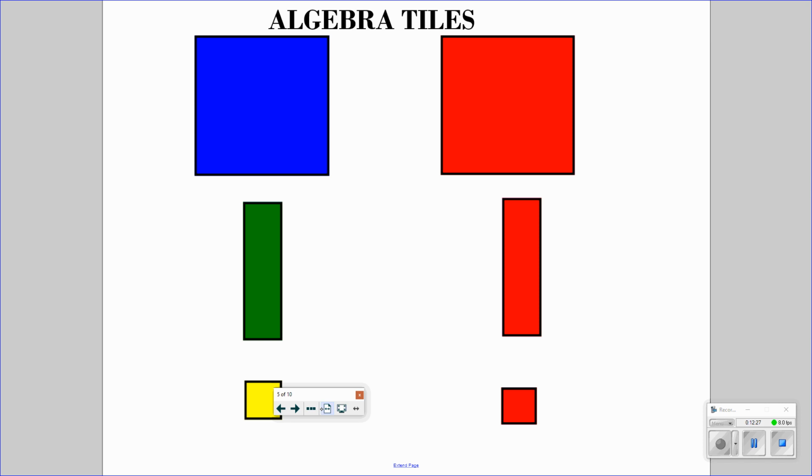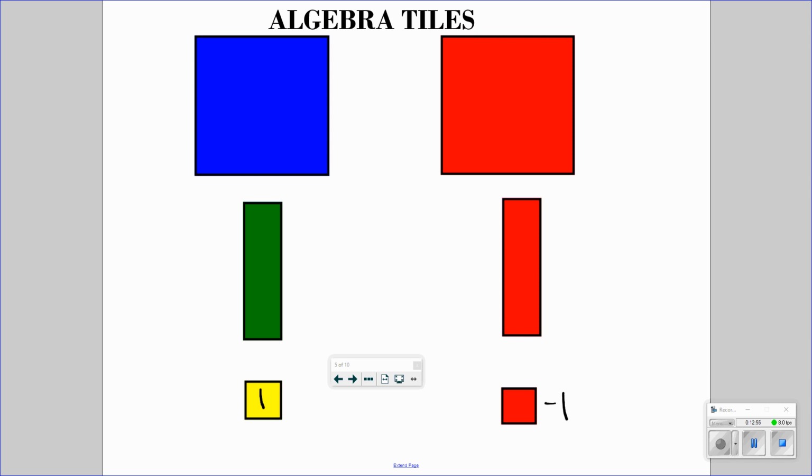But do y'all know what the different shapes represent? What is 1? The tiny one. This would be a 1, and this would be a negative 1. Or the X one, and negative X squared. These are called algebra tiles.